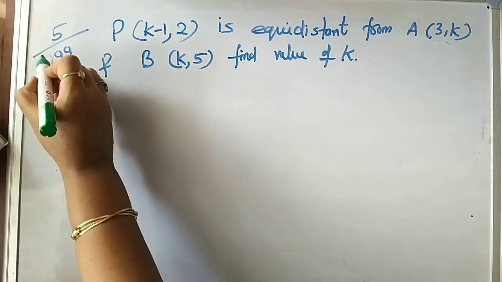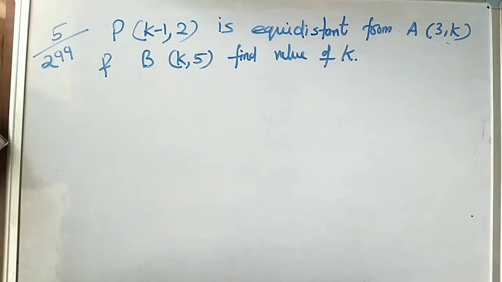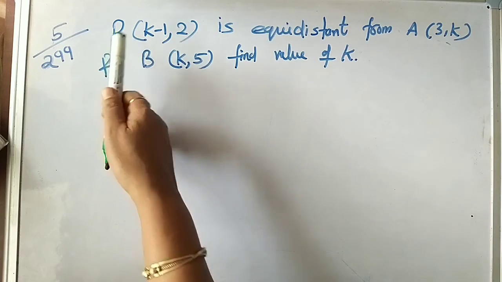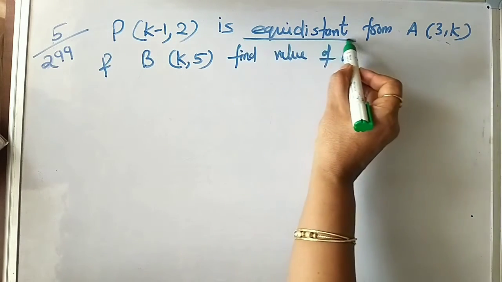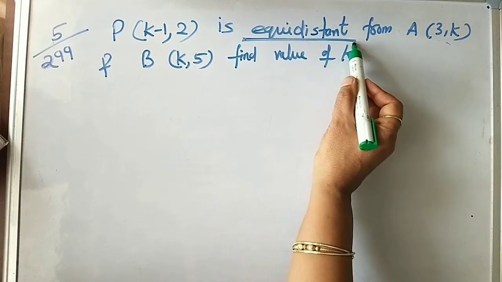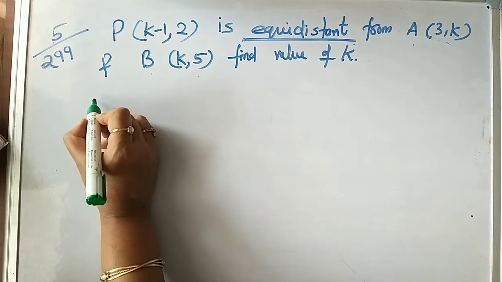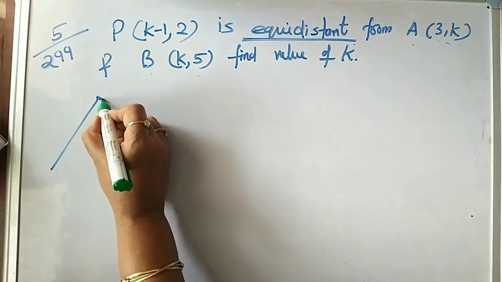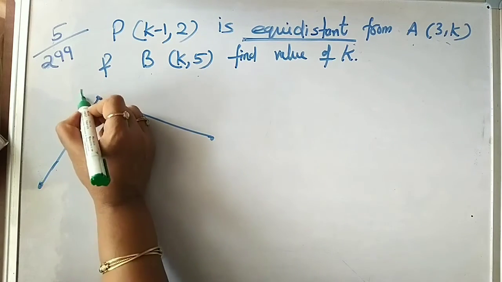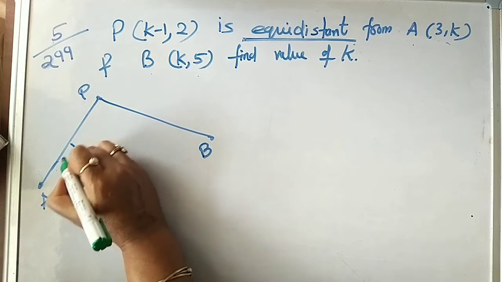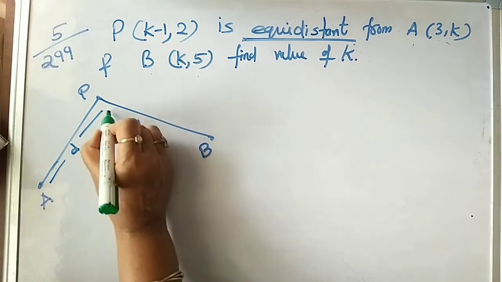You will find this question on page 299. The point P, which is k minus 1 comma 2, is equidistant. Equidistant means equal distance from A and B. It is something like this. If this is your point P, it is at equal distance from A and B. Means this distance is equal to this distance.